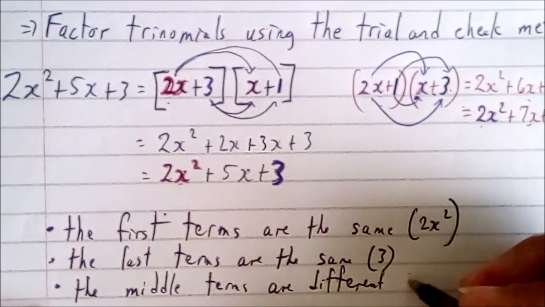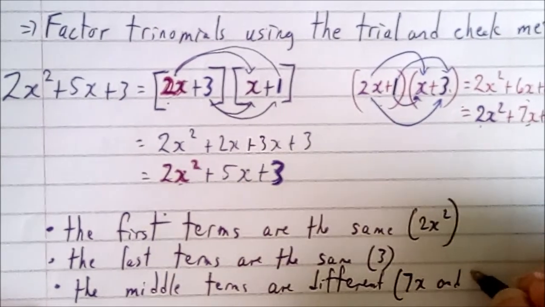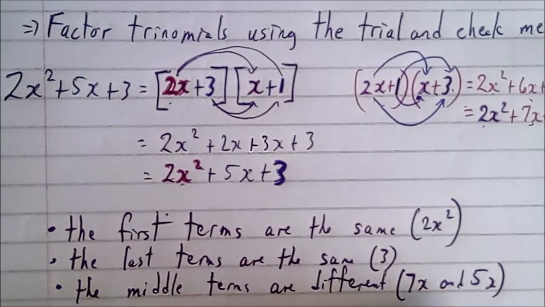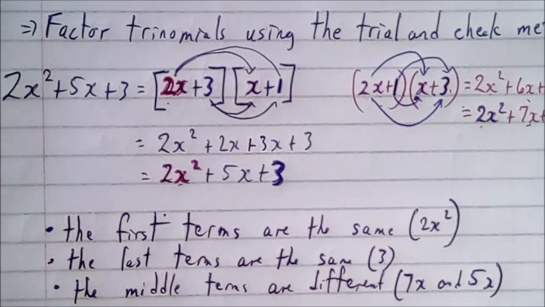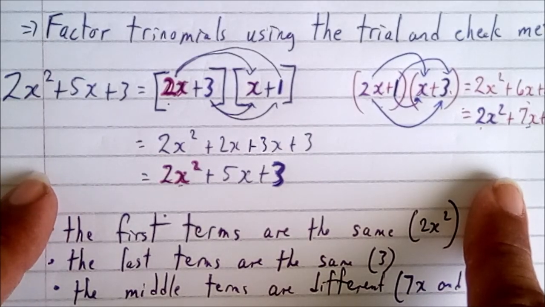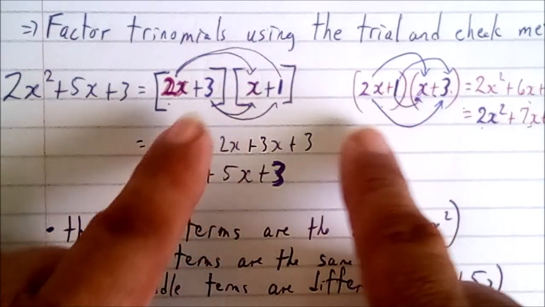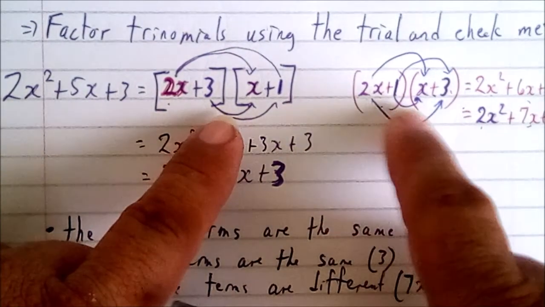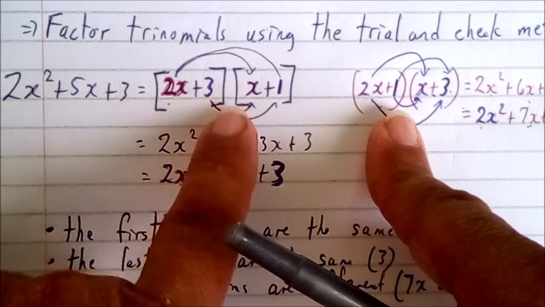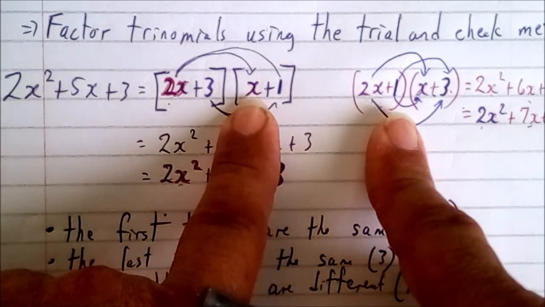So not because you have the first term and the last term the same means the middle term will be the same. No, it doesn't work that way. It's simply telling you that something is different with respect to the middle term. So from this observation, when the last terms here are interchanged to form this new factored form, the only middle terms of the products are different.